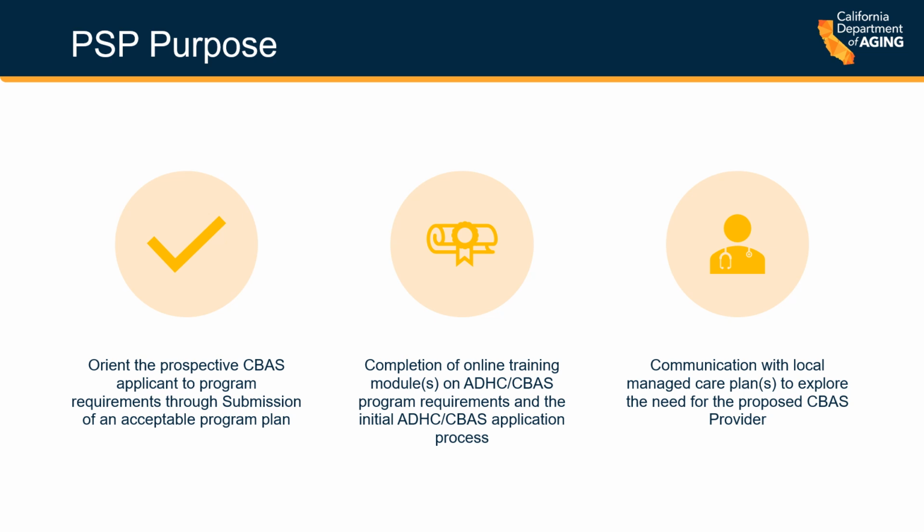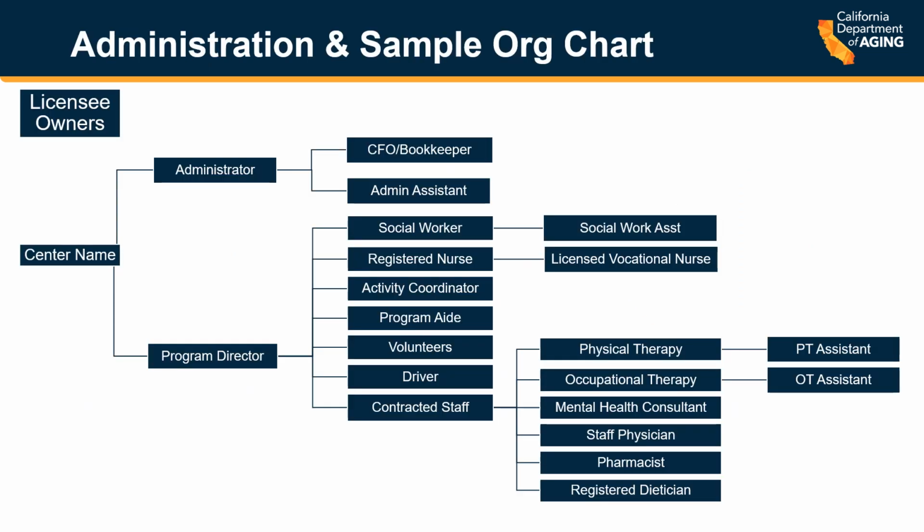These three major components provide DHCS and CDA with the necessary information to determine whether the applicant meets the minimum requirements for participation in the Medi-Cal program for CBAS certification.